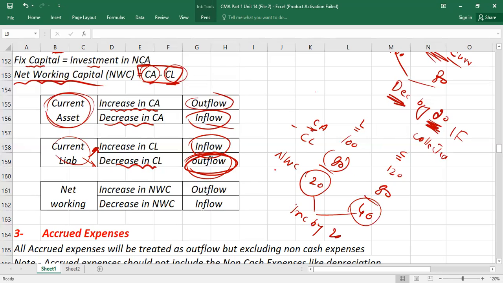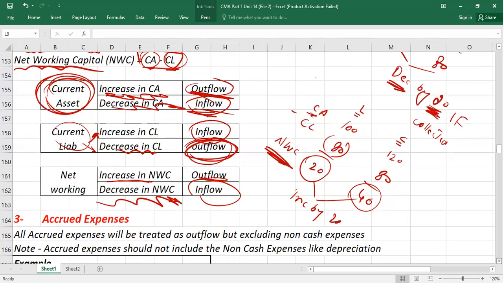On net working capital, a similar current asset rule you will apply. Whenever there is an increase in net working capital, it is an outflow. If there is a decrease in current assets, we said inflow. So same here, if there is a decrease in net working capital, it would be an inflow. Understood? So you may apply this also. This adjustment will be given; I'll apply it with the help of a question. Just wait for 1-2 minutes.